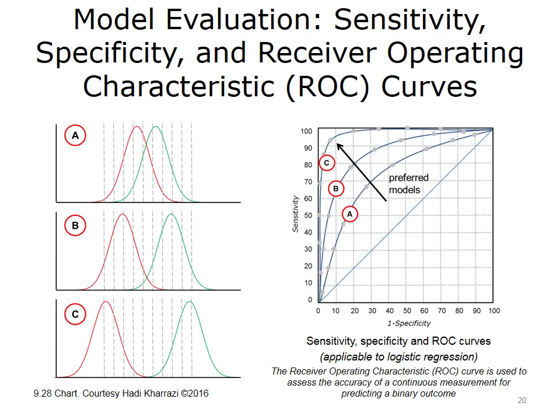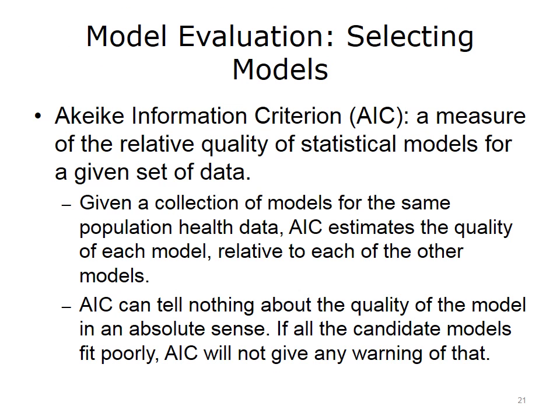AUC varies between 0.5, representing random chance, and 1, which is an ideal model with no false negatives and no false positives. Selecting the most useful model, especially in other models in which the outcome is not simply binary, is even more complex.